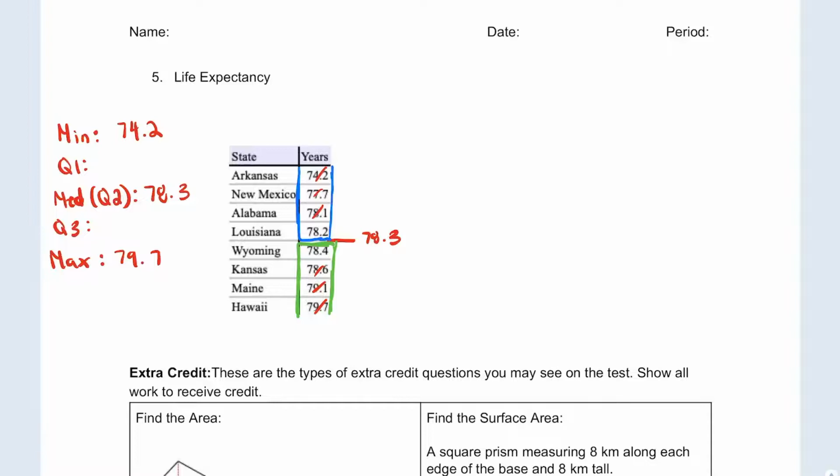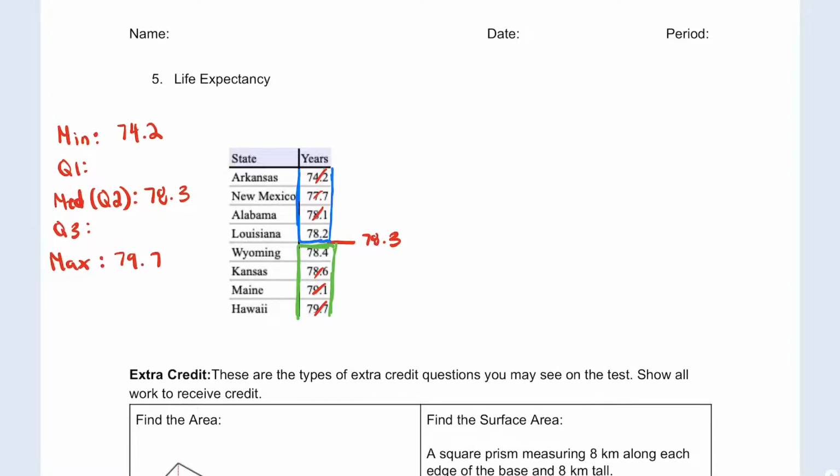There we go. And then I'm going to find the medians of both sides. Halfway in between 77.7 and 78.1 is 77.9.